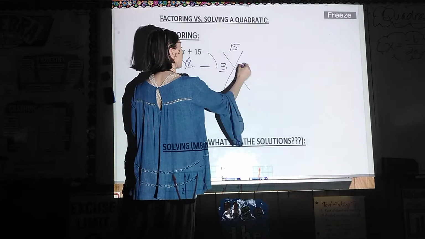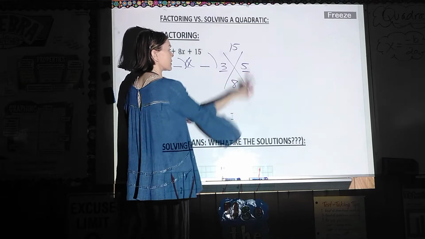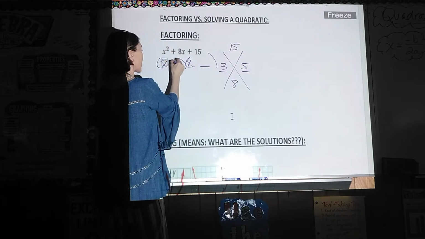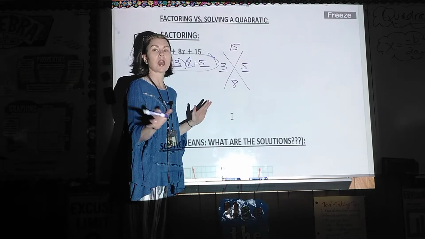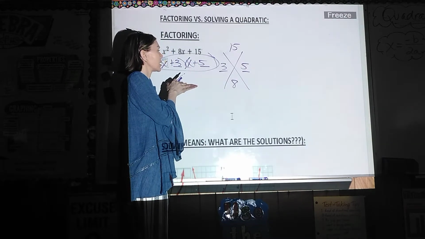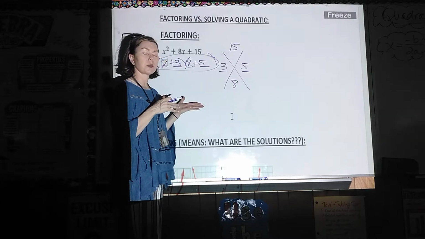Well, you would say 3 and 5. 3 times 5 is 15. 3 plus 5 is 8. Positive 3, positive 5, and you're done. You factored that quadratic.